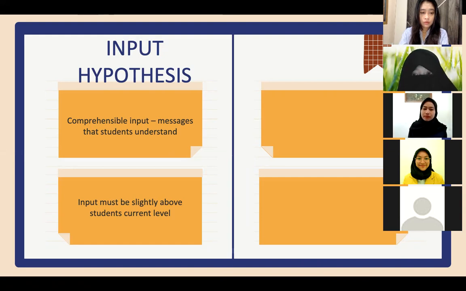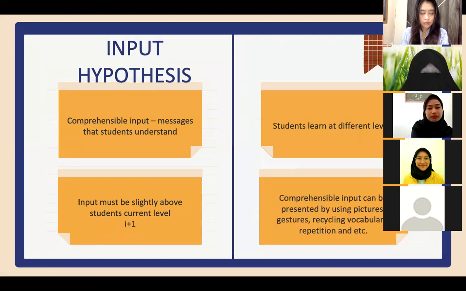Input used in acquisition should be slightly higher than the student's level, which is called i+1. This input should not be lower, at the same level, or much higher than the students' level, in order for students to understand it in second language acquisition. The i represents the learner's current language level, and the 1 is the next stage of language acquisition.